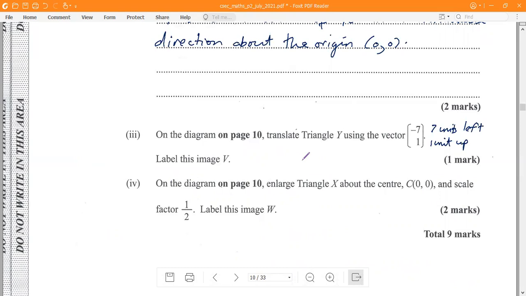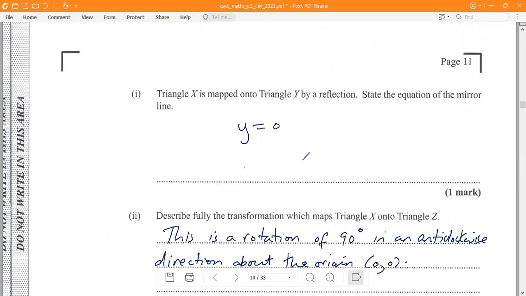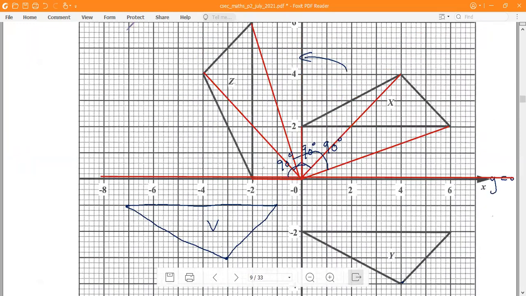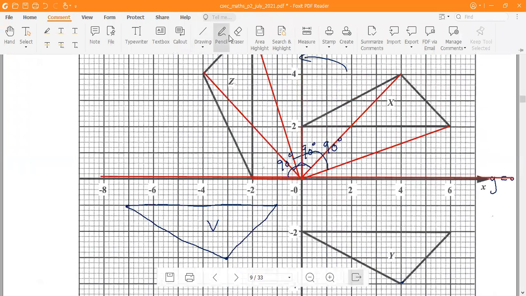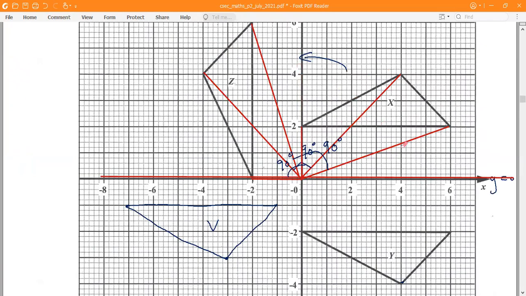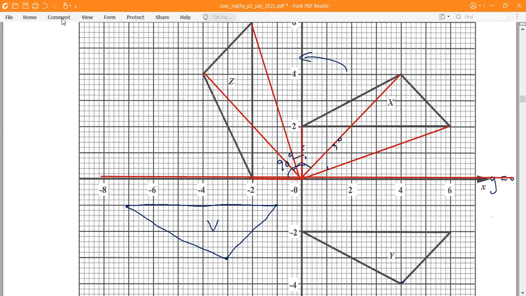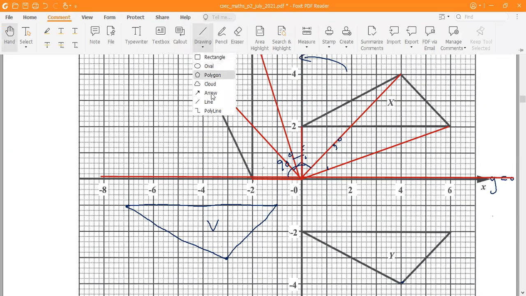Label this image W. So we are given a center of enlargement and a scale factor of 1/2, which means that this triangle X is going to get smaller. So we want the triangle to get smaller.